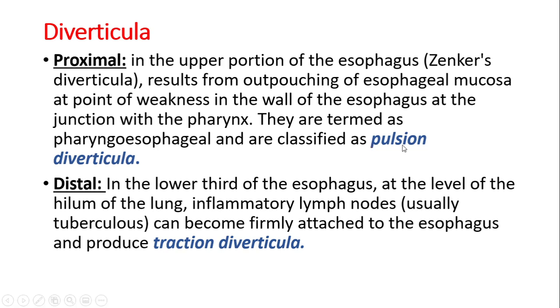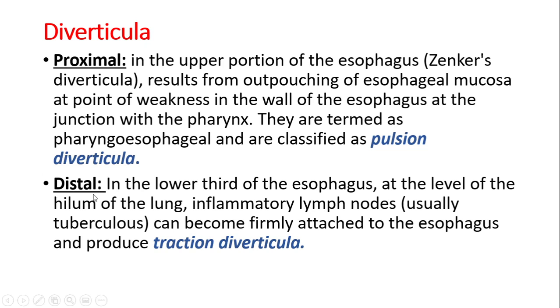So the mucosa of the esophagus will be pushed out through a point of weakness in the muscle dissection in the pharynx. So Zenker's diverticula are proximal pharyngeal or pharyngoesophageal diverticula.